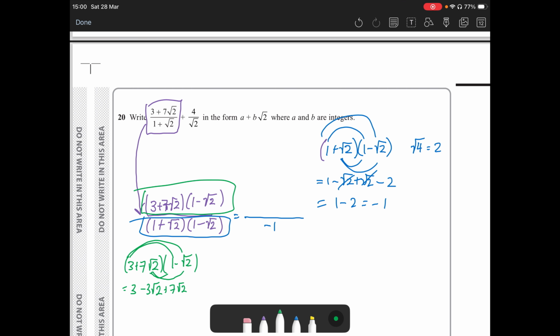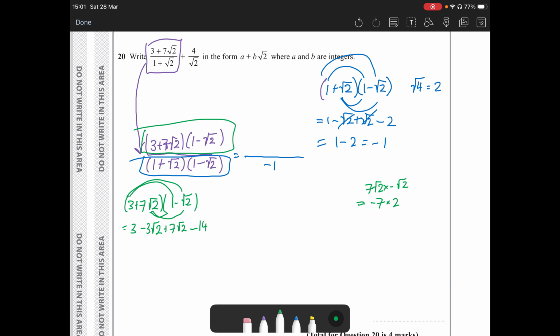And that times that, this is a tricky one, will be 7 root 2 times minus root 2. It will be negative because there's only one minus here. Root 2 times root 2 is root 4, which is just 2, so it'll be minus 14. Tidying this up, we've got 3 take away 14 is minus 11. And the negative 3 root 2 plus 7 root 2 is plus 4 root 2.